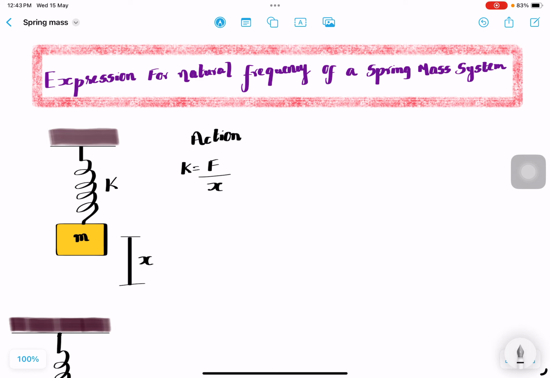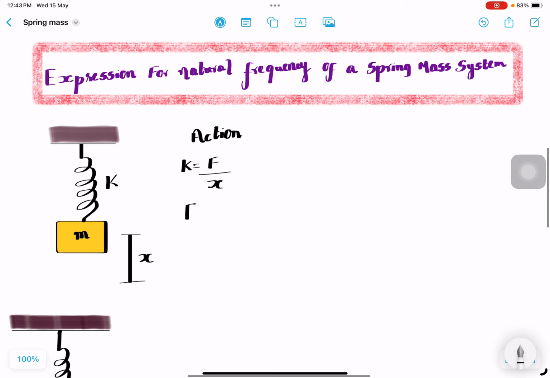So that is the physical meaning of 1000 Newton per mm. Okay. Now we can work out the action force. Action force F action is equal to K into X. So that is the action force that is pulling the mass back to its equilibrium position.